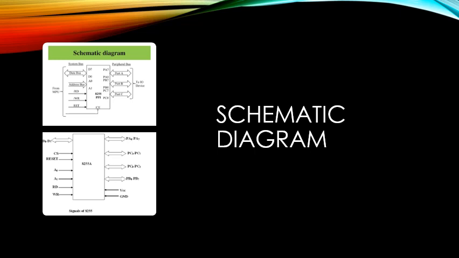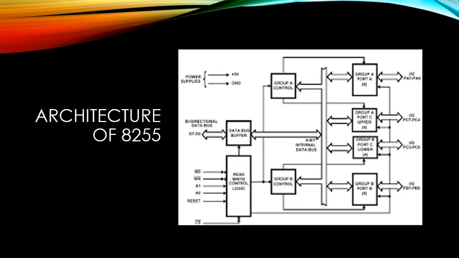Upper port C pins are PC4 to PC7. Similarly, two address lines A0 and A1 are there. Read and write lines are there. Reset, and then data lines D0 to D7 are available.